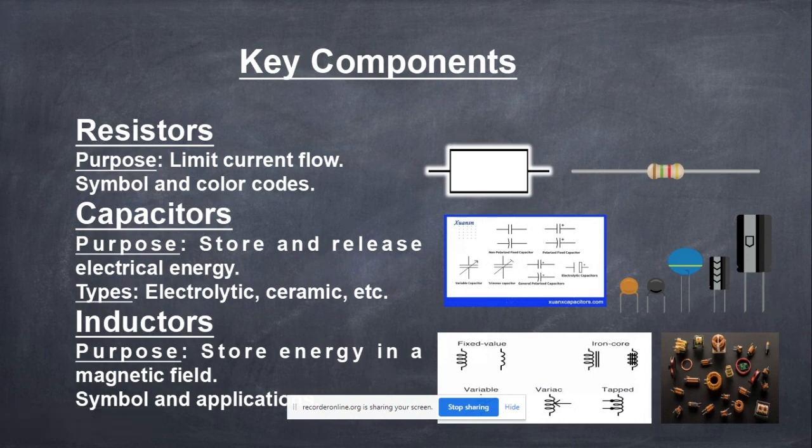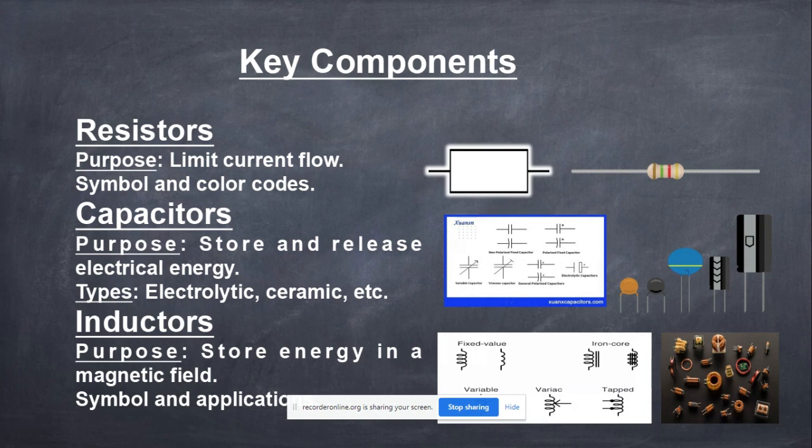So let me dive into inductors. The main purpose of inductors is to store energy in a magnetic field. Remember, the inductor's purpose is different from capacitors, but they have similarities.